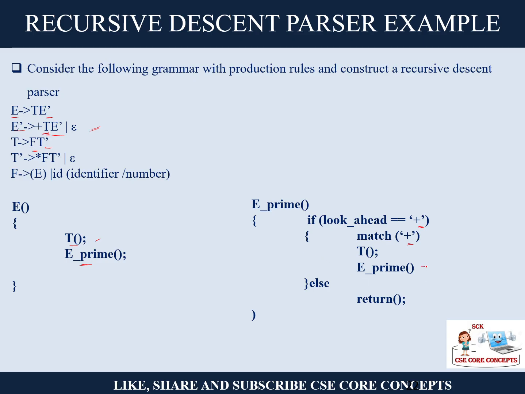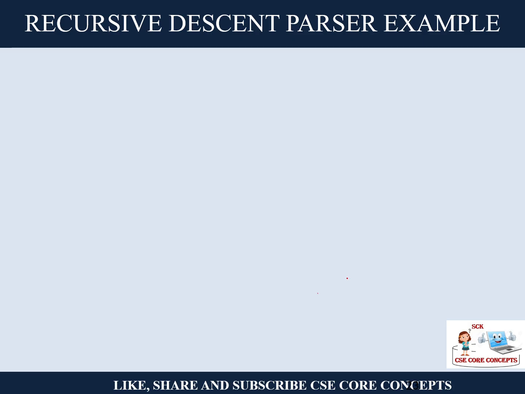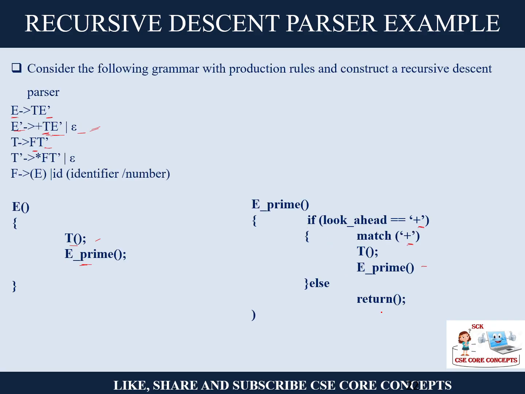If it is not working, then we will go for epsilon. So if the look ahead is not equal to plus, then we go to the else part, which is our epsilon, and that means we return to the calling function.